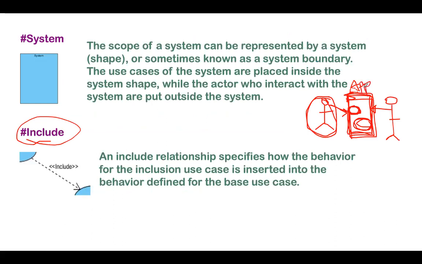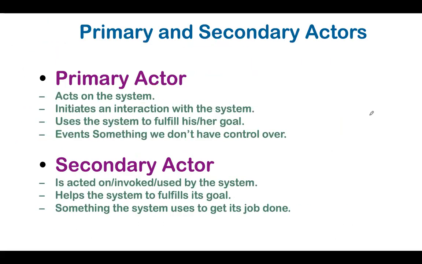You get. Now, if this is our banking app, we expect customers to interact with it, but we also expect to link our application to the bank, meaning that the customers interact with the application directly. That is why I'm saying that a primary actor acts on the system because they initiate an interaction with the system.